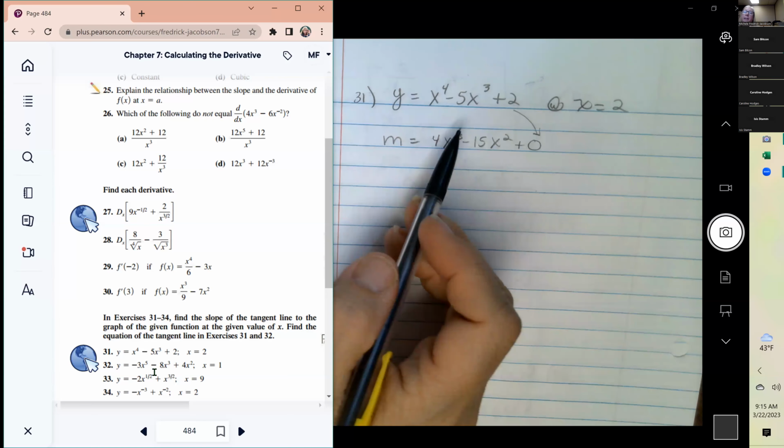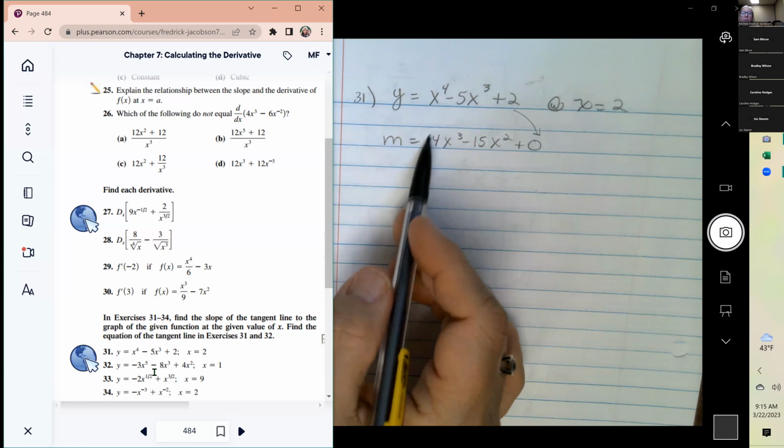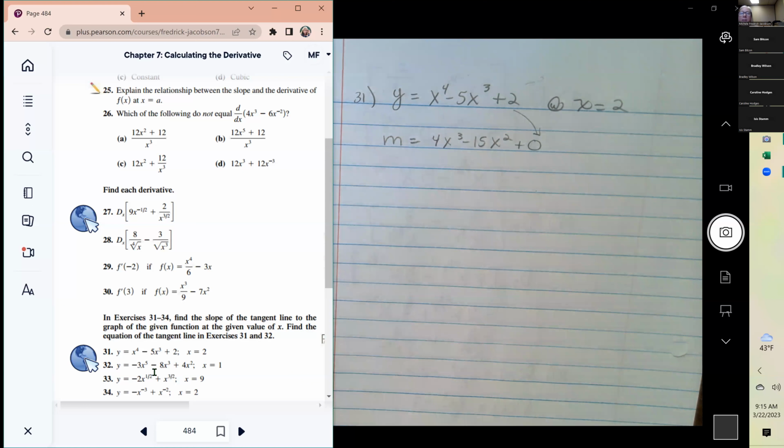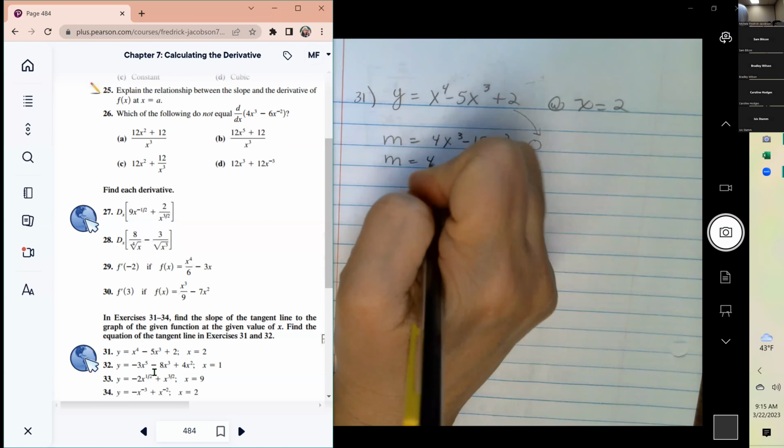So on this line, every slope of the tangent line is this equation, and then at a certain point, you plug that x value in. In this case, we wanted it at 2.